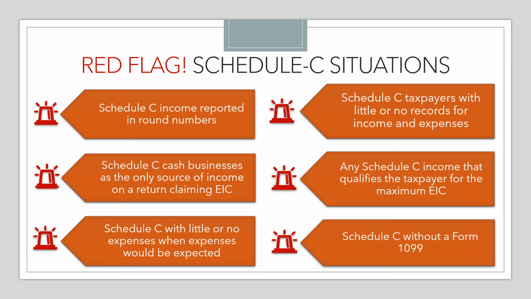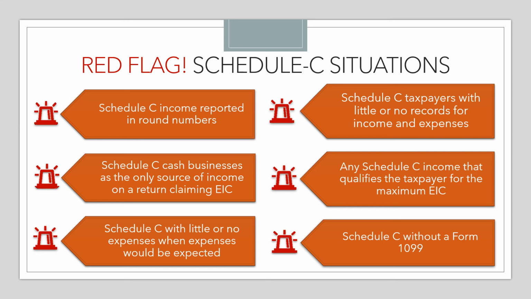Our Schedule C filers are required to not only report income, but also report their ordinary and necessary expenses, which we'll talk more about in our next video. But we really need to see some sort of expenses associated with this income. It's variable with the type of income, but generally there's going to be something.